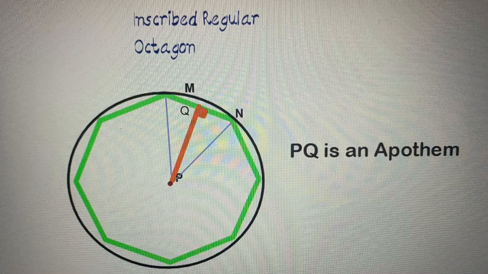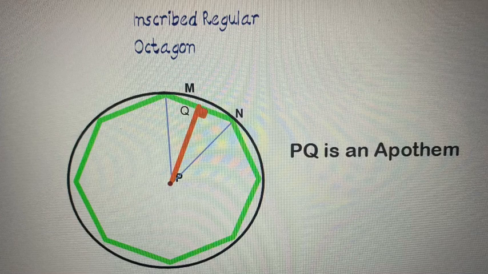Not to the circle, but the side of a regular polygon. Okay, the apothem is the height to the base of an isosceles triangle. The radii are the legs. The word apothem refers to a segment as well as a length for a given regular polygon. Think of an apothem as a segment and an apothem also as a length.